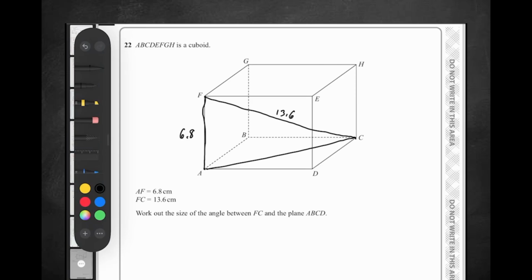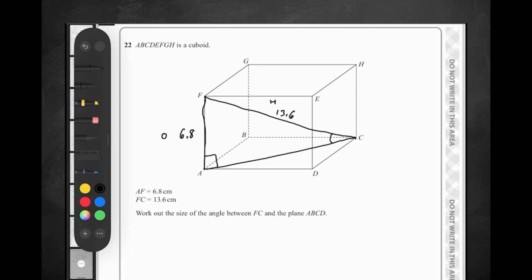So we have basically drawn here a right-angled triangle, which means we can use Pythagoras to work this out. So we have got the hypotenuse. The angle we're talking about is this one here, so this would make this the opposite. So opposite and hypotenuse means we're using sine.